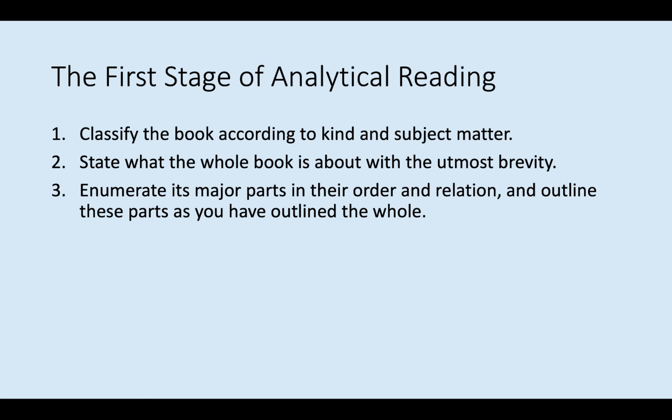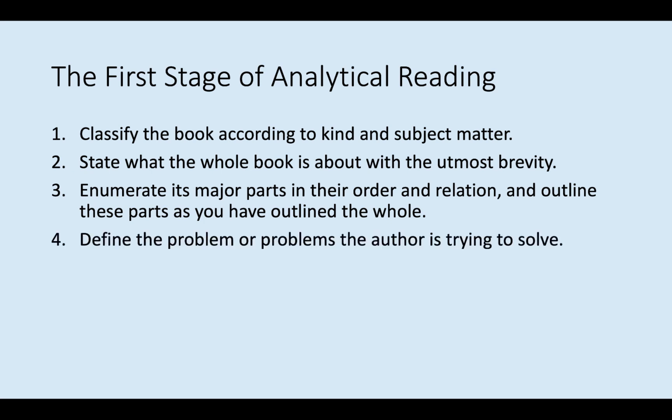Though the goal is ultimately to understand what's the whole, what's it trying to get at. And also, once we go through all these parts, we'll be able to define the problem or problems the author is trying to solve. And so these are fairly obvious in 1 Corinthians. In 1 Corinthians 1 through 4, he states his problem very clearly in the first part of the argument. And you'll see that once you read through it.